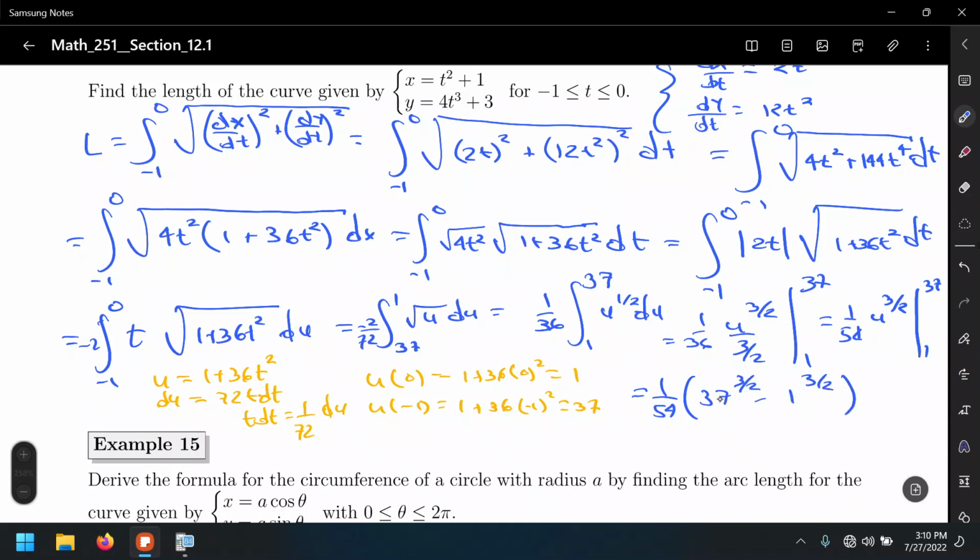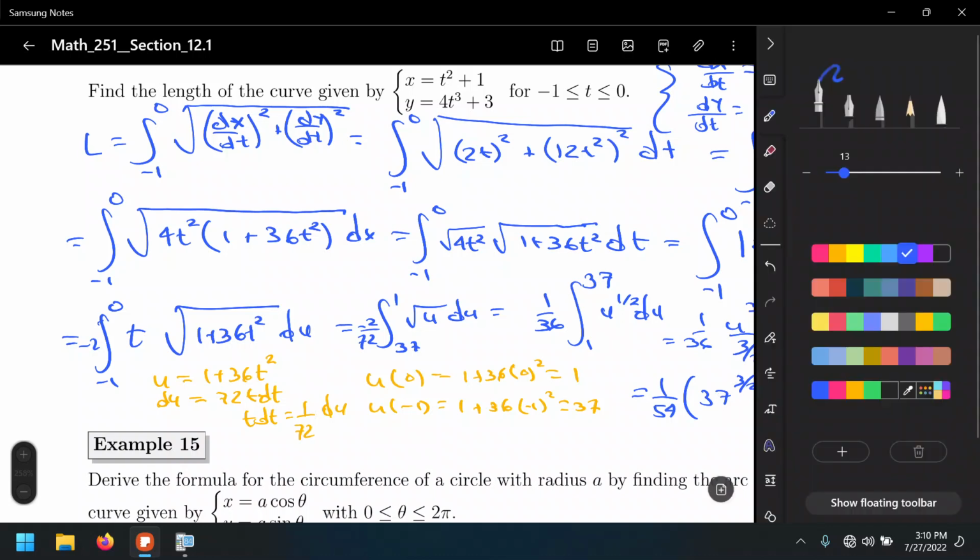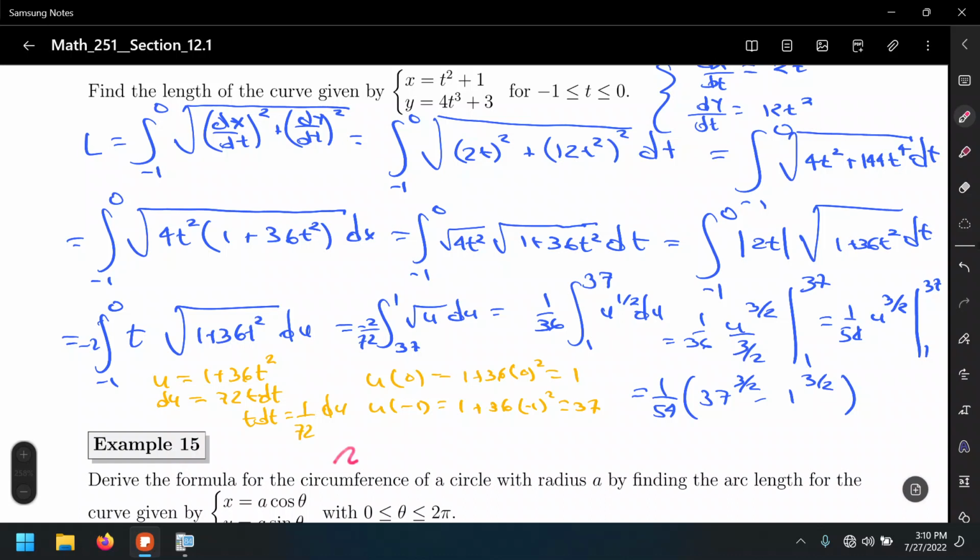And you might remember that we rewrote this. Okay, let me do it on the side because I'm kind of running out of space. This 37 to the 3 halves, back at the beginning of the semester, we wrote it as the square root of 37 cubed, which is the square root of 37 squared times the square root of 37.